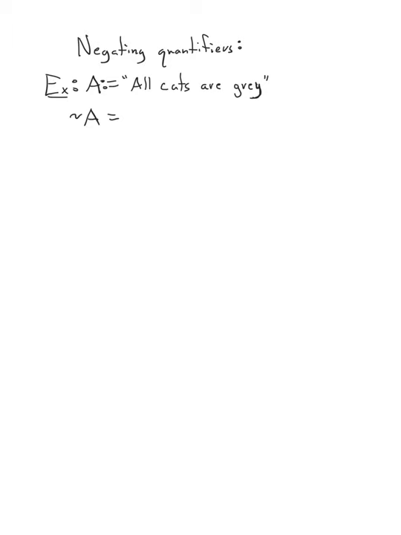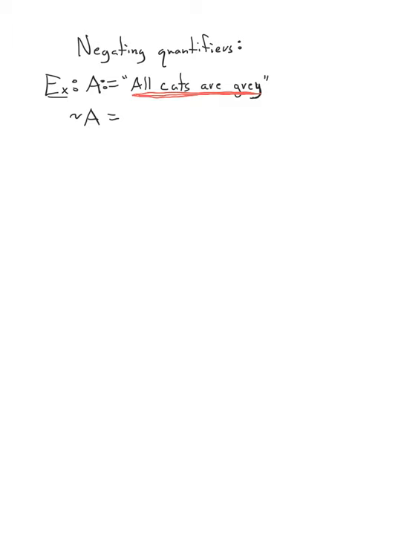What sentence would you say that would be a correct sentence? Pause the video now and see if you can write down something that is true. See if you can negate it, just using your intuition. What would be a true statement?